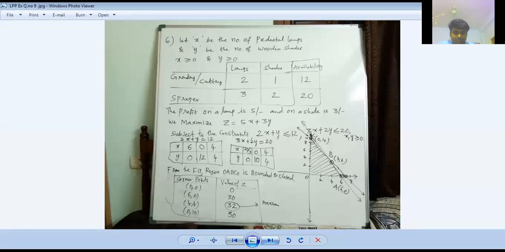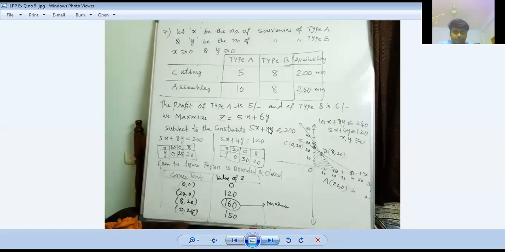Let x be the number of souvenirs of type A, y be the number of souvenirs of type B. So x, y both are greater than or equal to 0. So cutting: type A 5, type B 8. So availability 200 minutes. Assembling: 10 type A, 8 type B, 240 minutes.